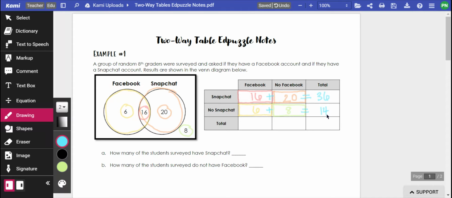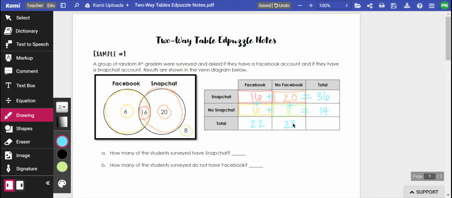And now working down. So how many people in total have Facebook? So in this case, I don't care if they have Snapchat or not. We would do 16 plus 6, which gives me 22. And then same thing with the 20 and 8. That would give me 28 people have no Facebook.